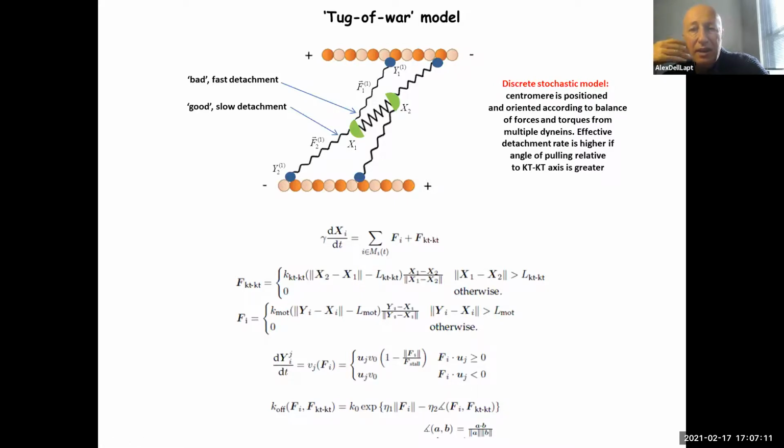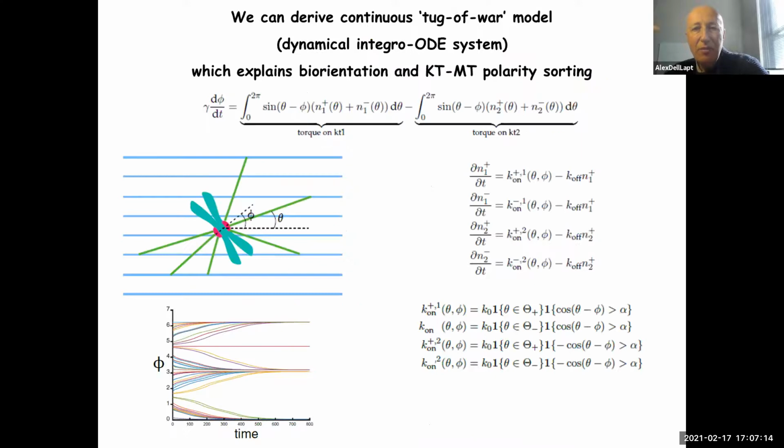So there are these stochastic simulations. Then, because we are, after all, applied mathematicians, we did a mean field limit of this stochastic model and derived a continuous equation. Basically, now instead of discrete microtubules, we have a probability density for the distribution of the short microtubules over angles.